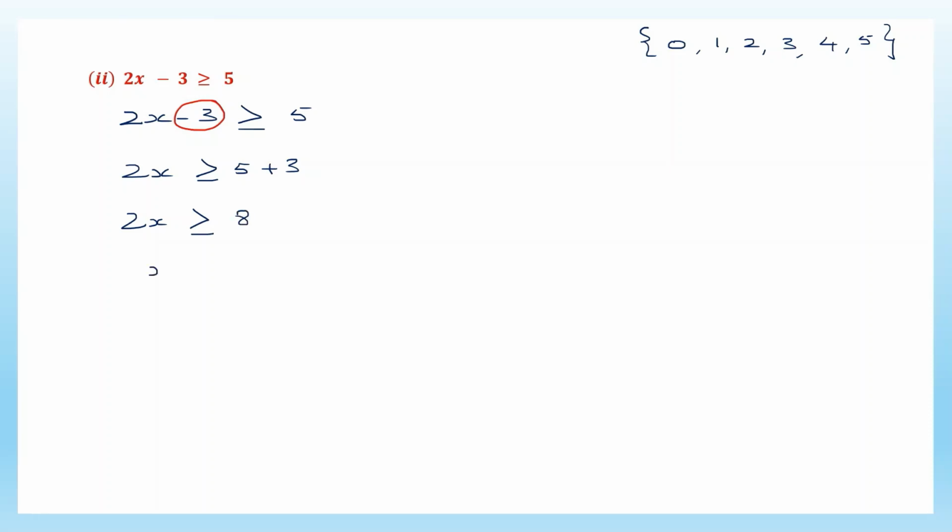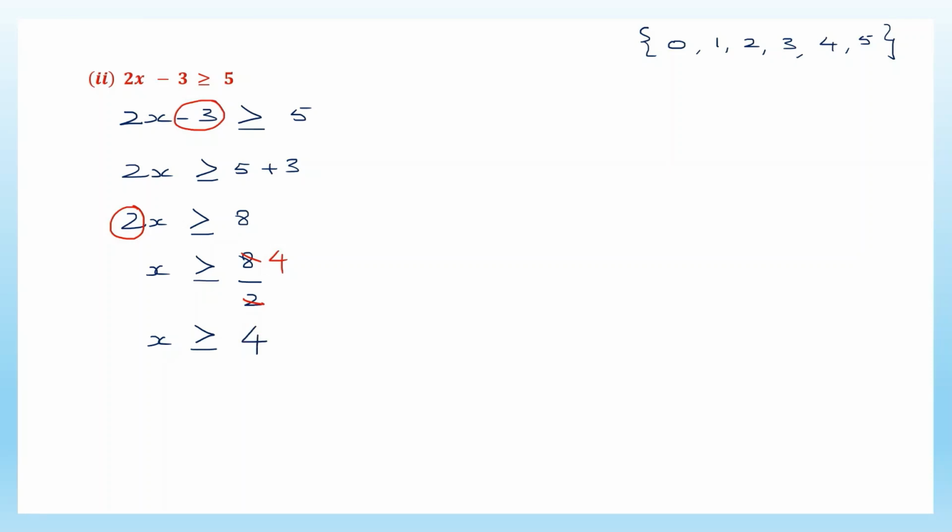Now I need to find the value of only x. So we are doing it just like our normal linear equations. So 8 is on the right hand side. 2 is multiplication, which I'm going to transpose to the right hand side. It will now become division. 8 divided by 2. So x is greater than or equal to, dividing this, 2 fours are 8, greater than or equal to 4.